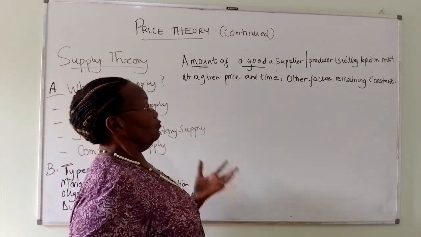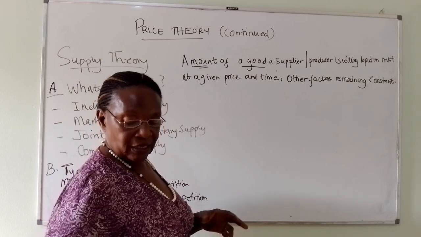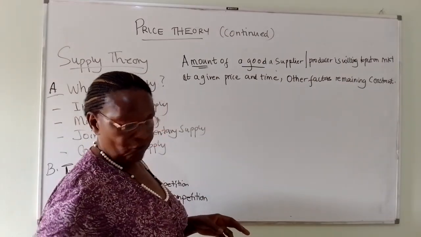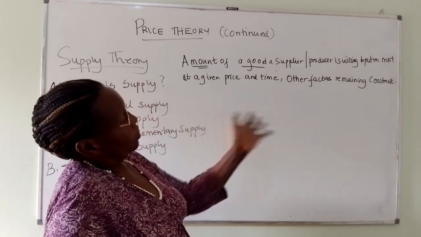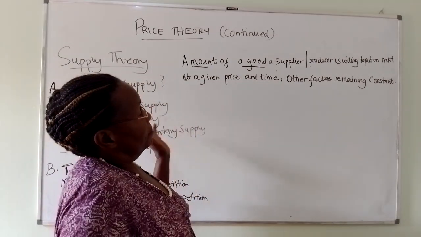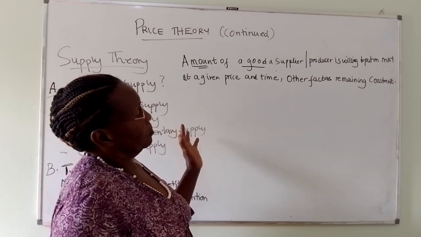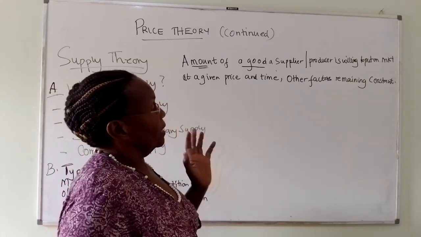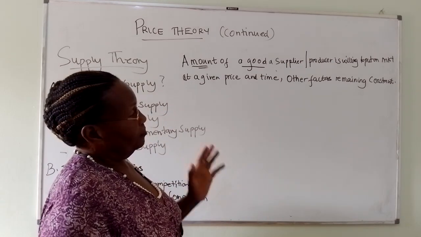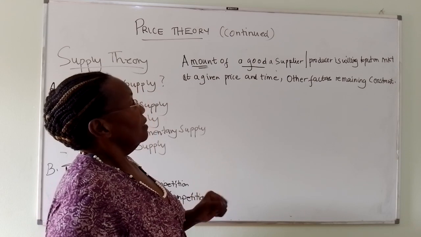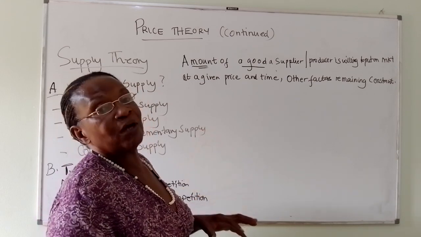You can find that at one time you are in the agriculture sector as a producer, as a supplier, but all of a sudden the dry spell takes a long time, and maybe you had even planted many acres, and you find that because of the dry spell, your crop has dried up. When you come to harvesting, you were willing to supply a lot of it on the market. The price is still high, but what happened?